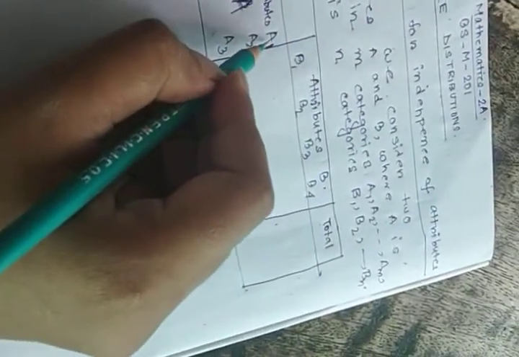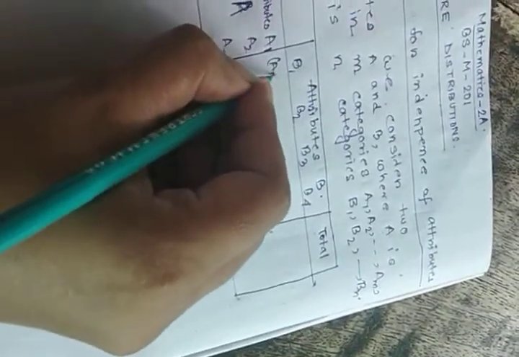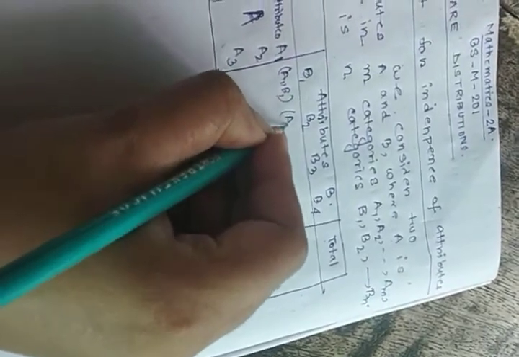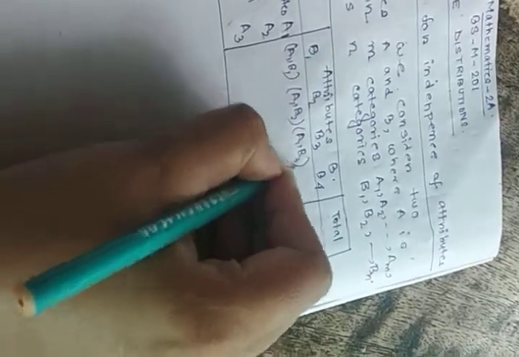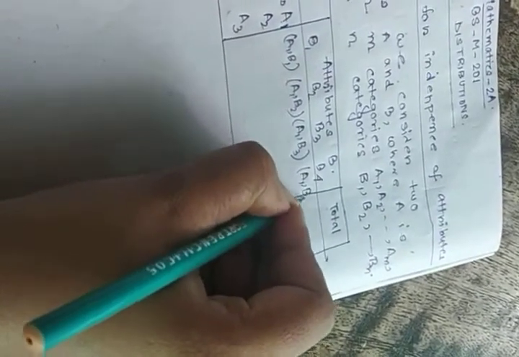A1 is combined with B1, so this is A1 B1. Next A1 B2, A1 B3, and the combination A1 B4.